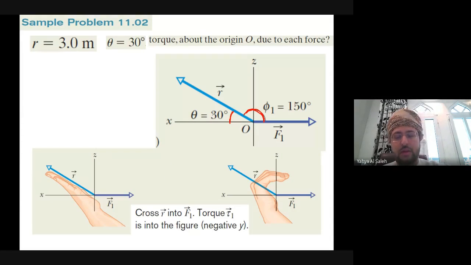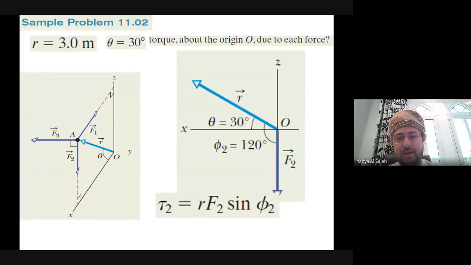Well, if I cross R into F, my R is in this direction, my F is in this direction, so my torque is inside the page, which is in the minus Y direction. Cross products always cause wrist problems. You need to start doing all sorts of weird wrist movements.